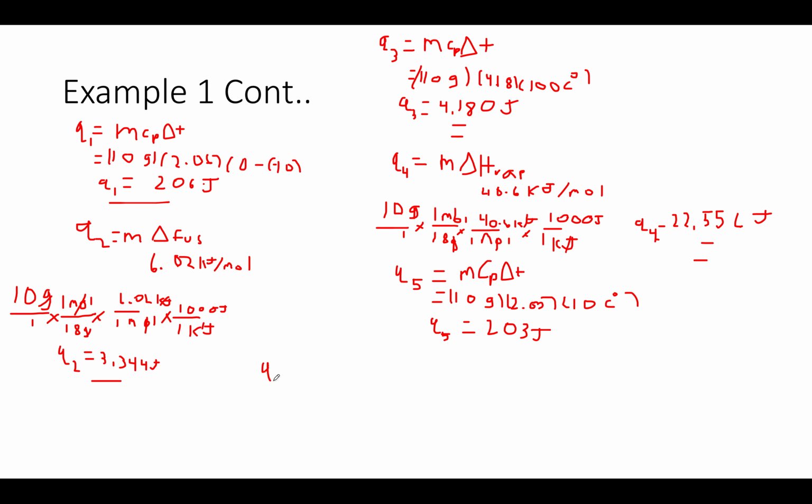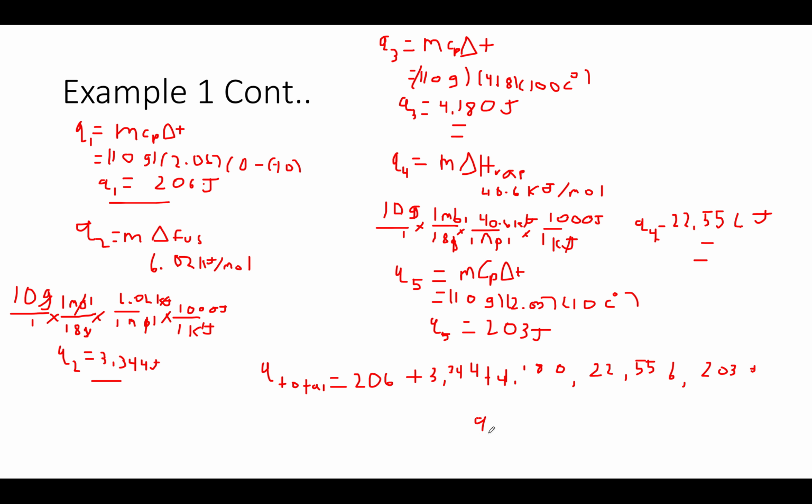So finally, what's Q total? It would be the sum of all our Q's. 206 for Q1, 3,344 for Q2, 4,180 for Q3, 22,556 for Q4, and 203 for Q5.